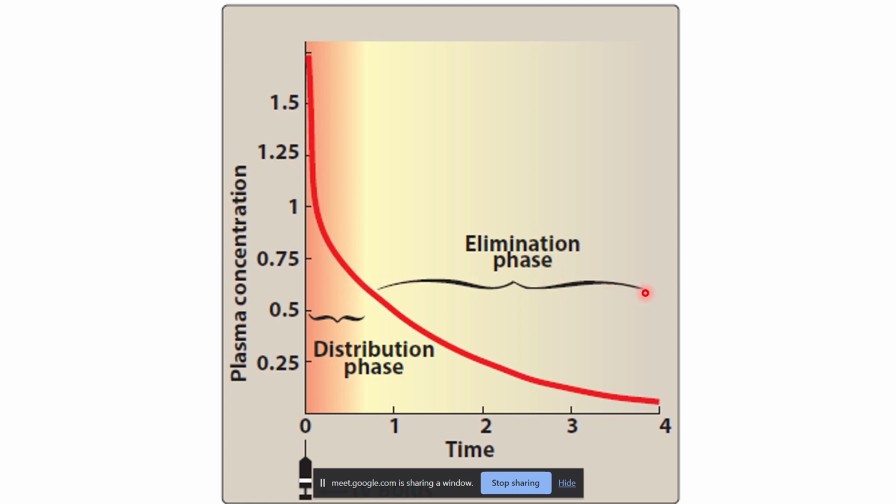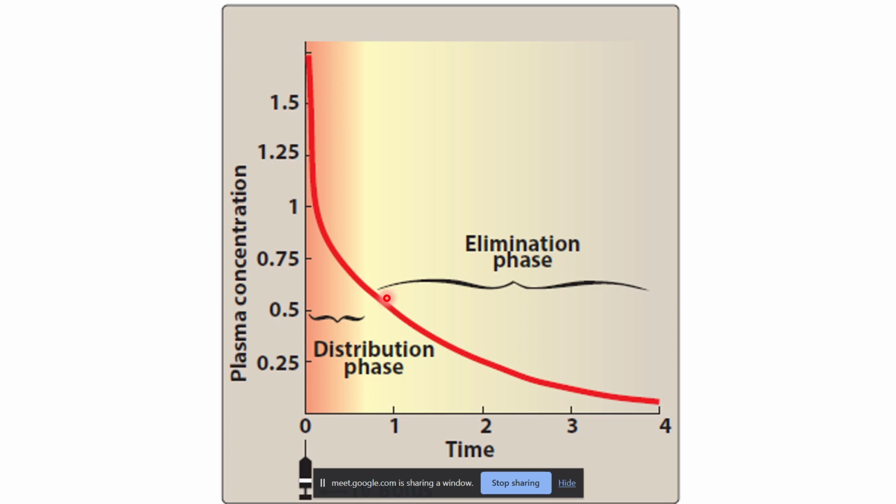And then the elimination phase will decrease the concentration of the drug in the plasma further, but that usually takes more time because the liver enzymes are limited, and they have to metabolize the drug before it can be eliminated. Depending on the route of elimination, it can also be limited by the elimination itself.